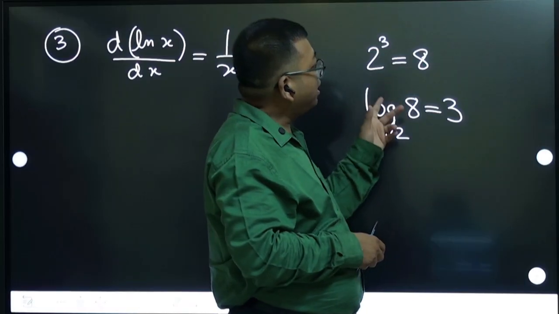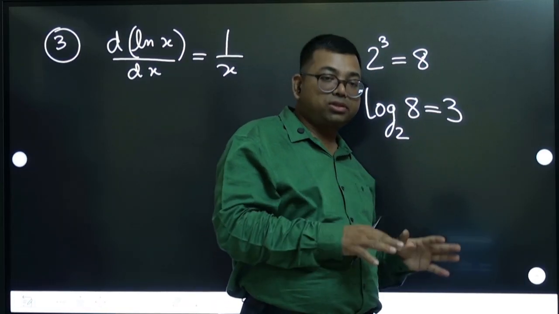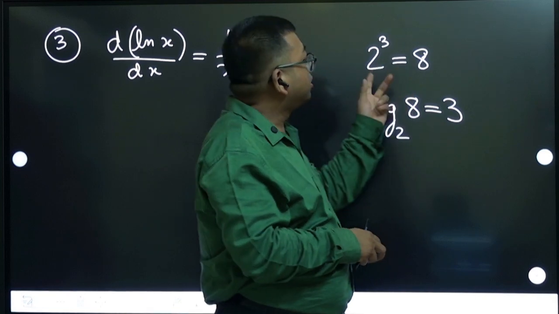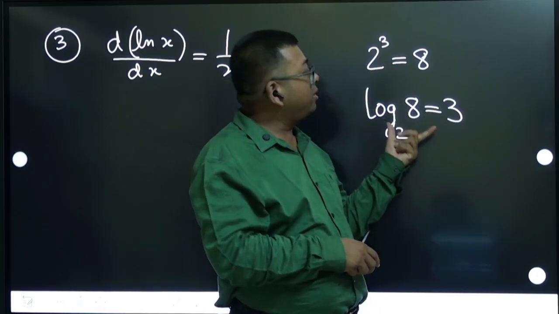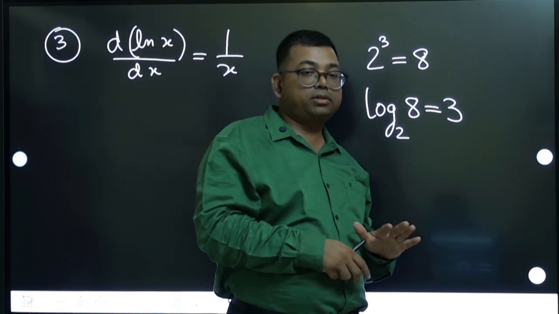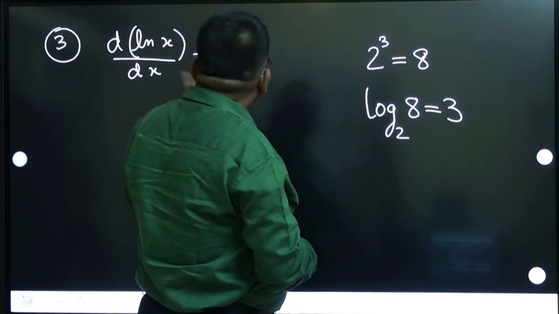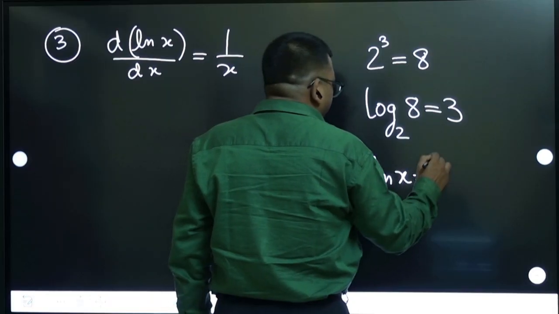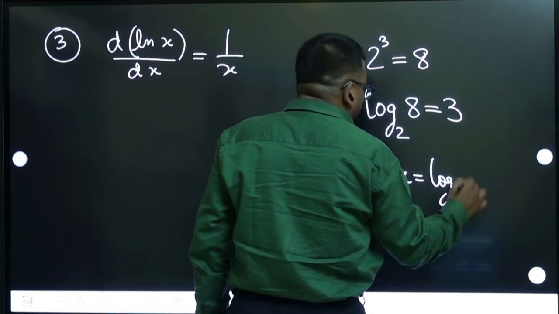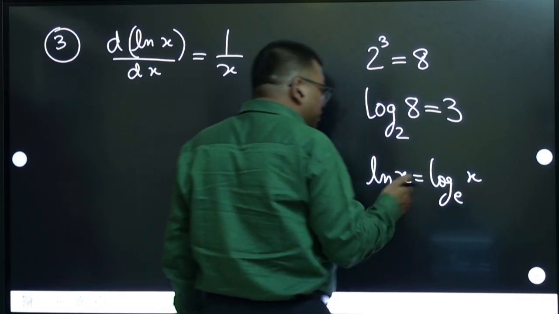But log and exponents, they are like brother and sister, they are related together. So an exponential thing can be converted into log. Log can also be converted into exponents, right? And what does ln x mean? Ln x means log base e of x. Now you may ask, what is this e?